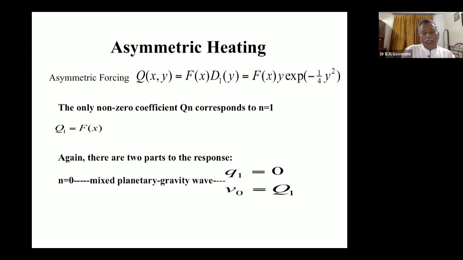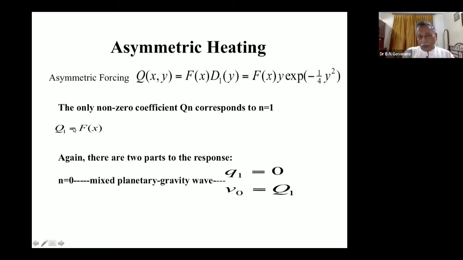So now let us look at an antisymmetric heating, where instead of e to the power minus y square by 4, it is y into e to the power minus y square by 4. Now, when you put them into the equations, then the non-zero coefficients: Q1 has a non-zero coefficient for n equal to 1, and therefore Q1 is equal to fx.